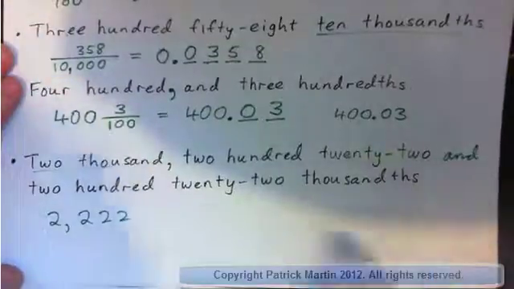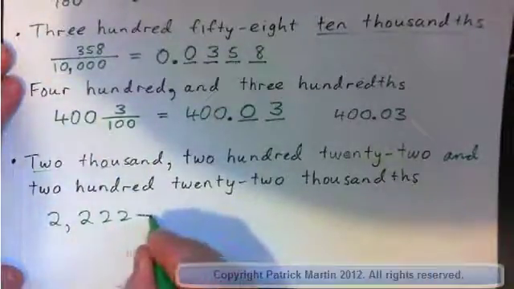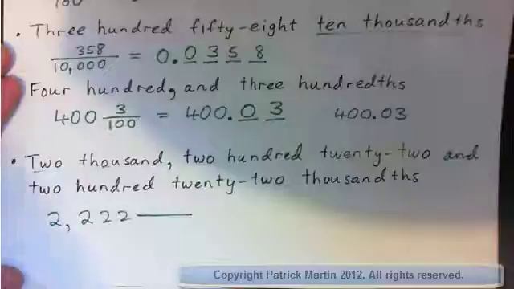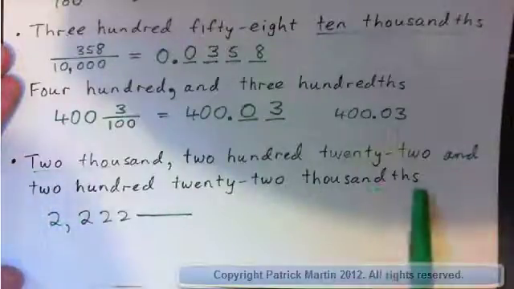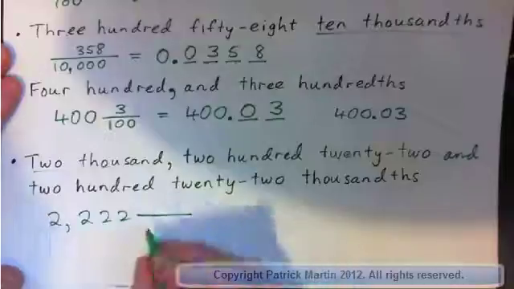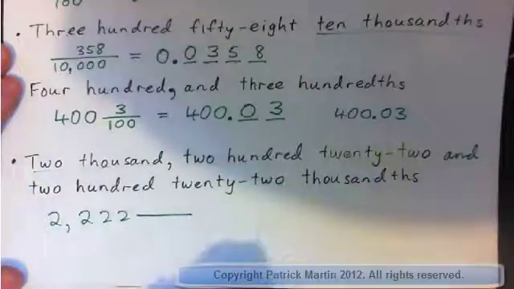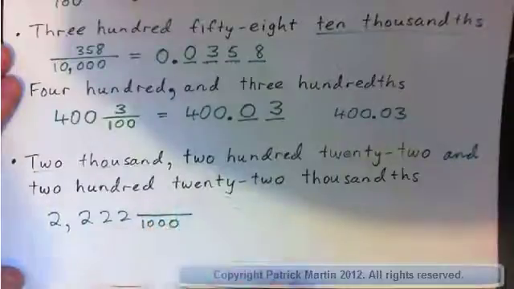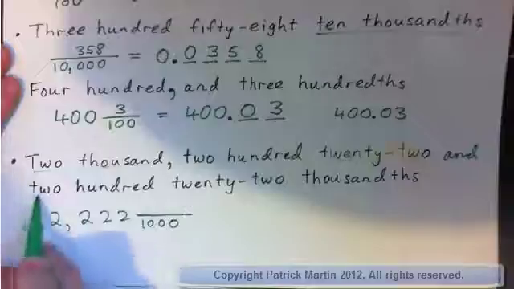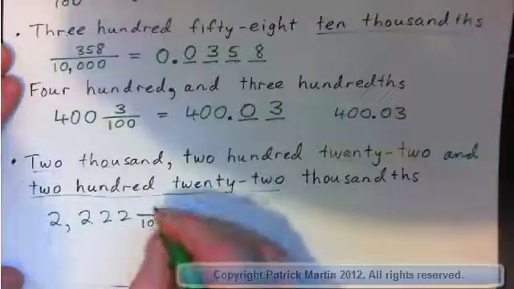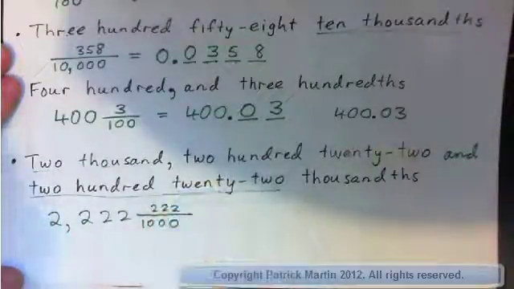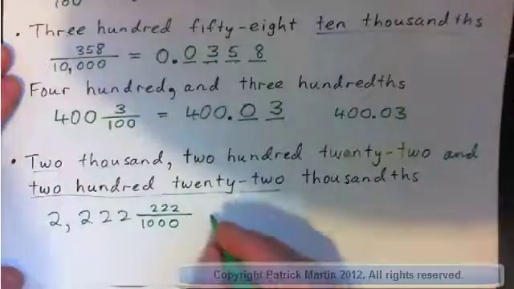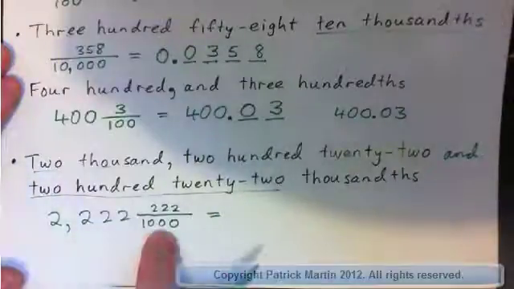So that's got to be some sort of a fraction, right? And what type of fraction are we talking about? Thousandths. Doesn't that tell you there should be what on the bottom here? What's your denominator? It's going to be 1,000, right? How many thousandths? 222, right? So that's a mixed number.